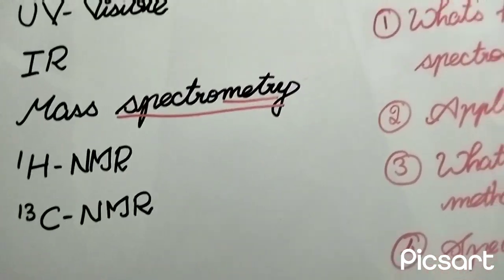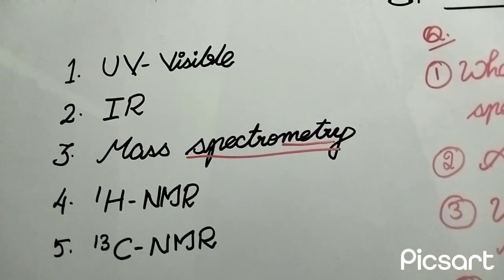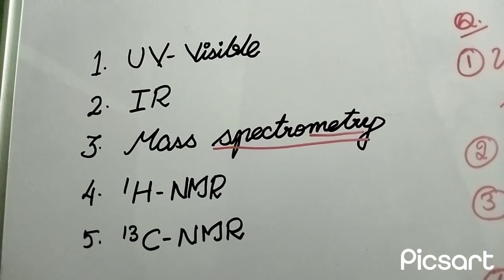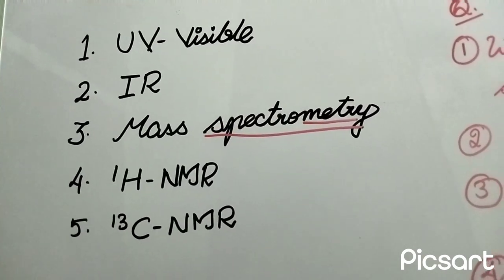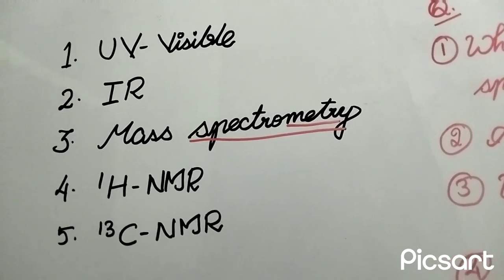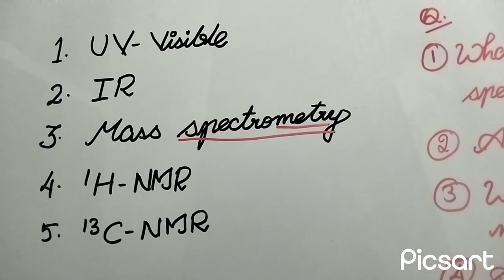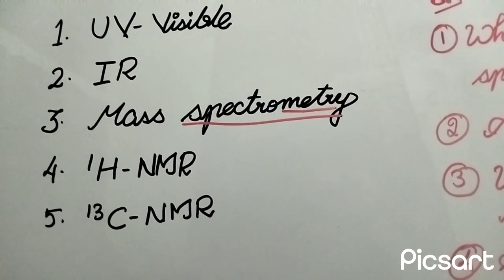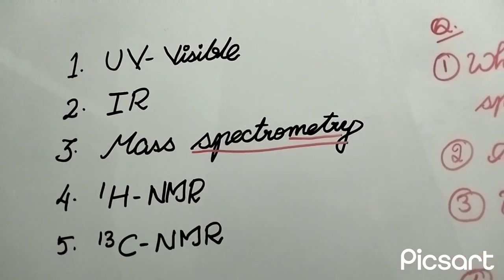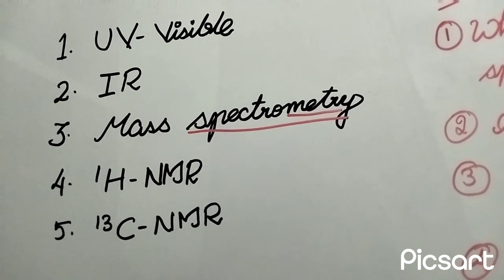Because in all these methods, UV visible, IR, proton NMR, C13, they use some radiations like EMR, electromagnetic radiation. But in mass spectrometry, radiations are not used. So spectroscopy is converted into spectrometry only for mass.